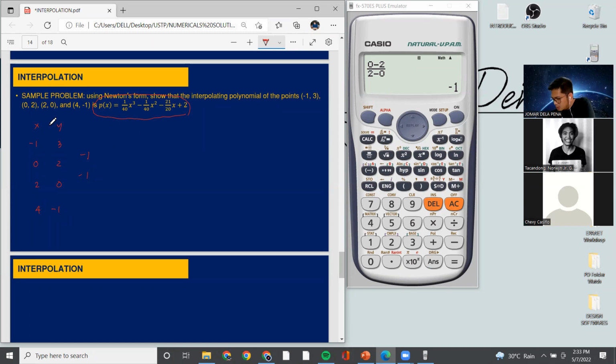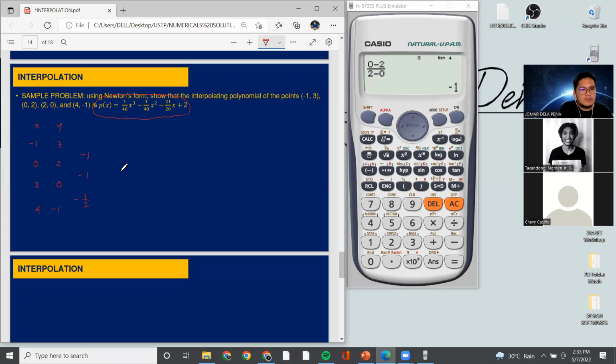Ito ang solution ganina. Kung nagawa ito mga negative 1 of answer ba. Newton's divided difference. Okay, negative 1 there. The next we have negative 1 minus 0 and 4 minus 2, that is negative 1/2.